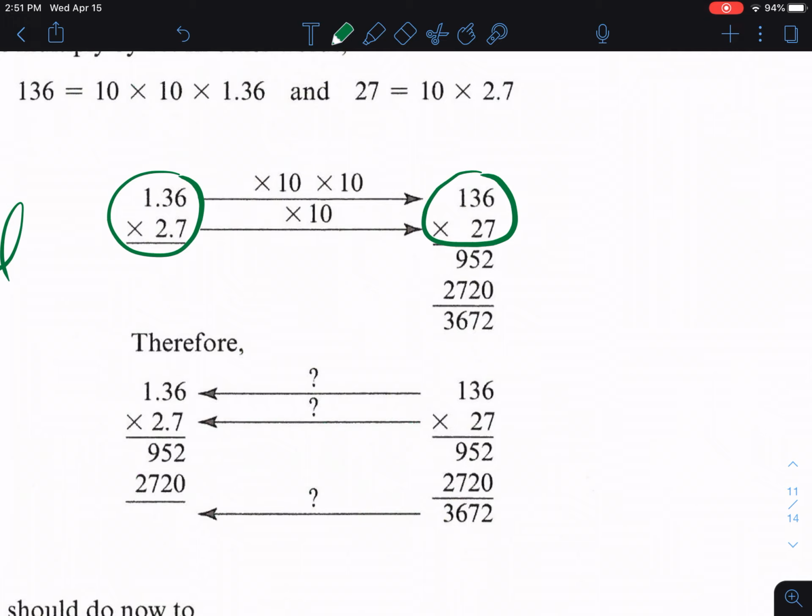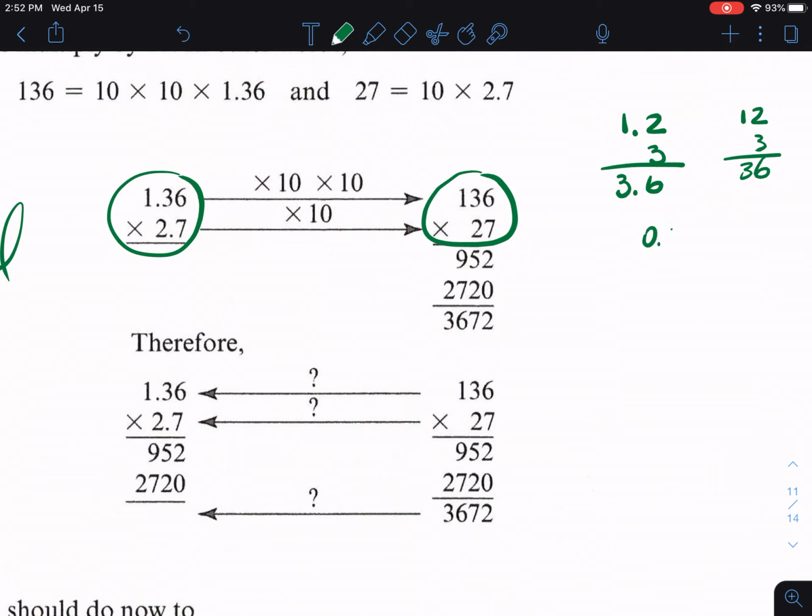And we know that the digits in that final answer are going to be the same as the digits in the original problem. For example, if you multiply 1.2 times 3, you would get 3.6. The digits without the decimals are the same as if you were to multiply 12 by 3 to get 36.